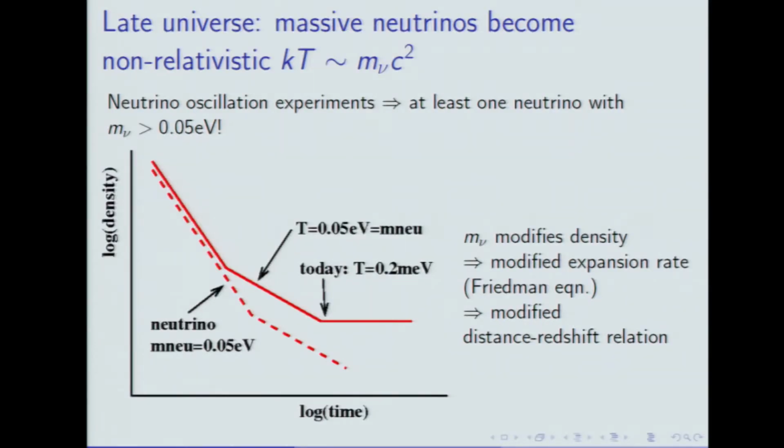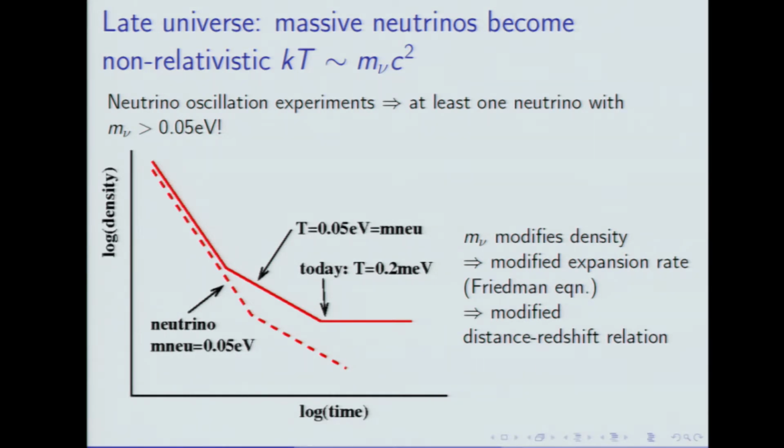Since the expansion rate, through the Hubble law, gives the relation between distance and redshift, that's going to be modified, and we don't see any modifications that would be implied by a neutrino as massive as 0.2 electron volts.